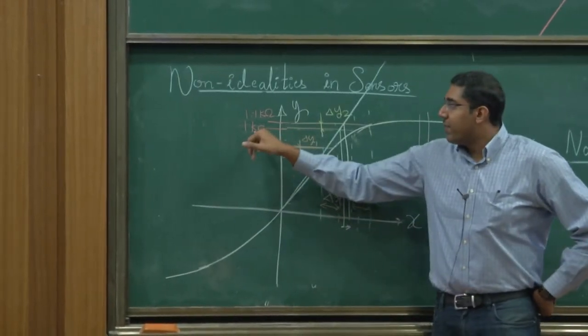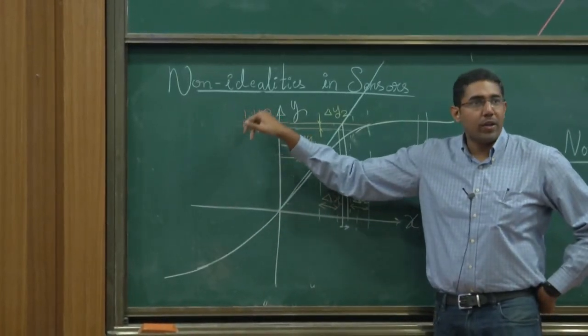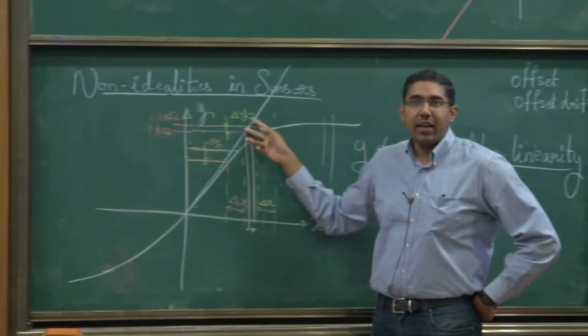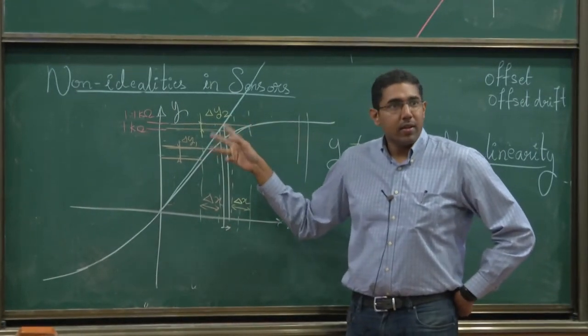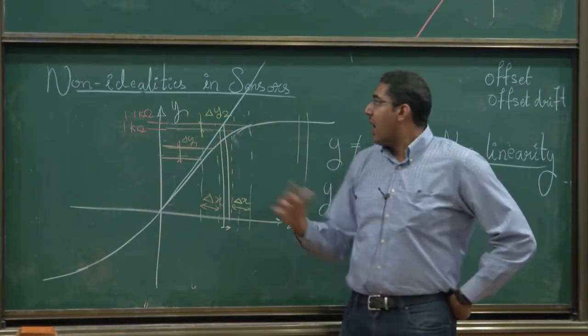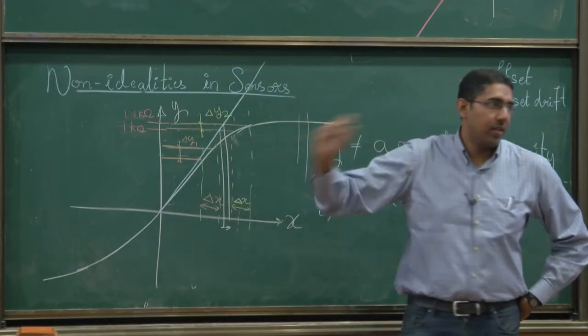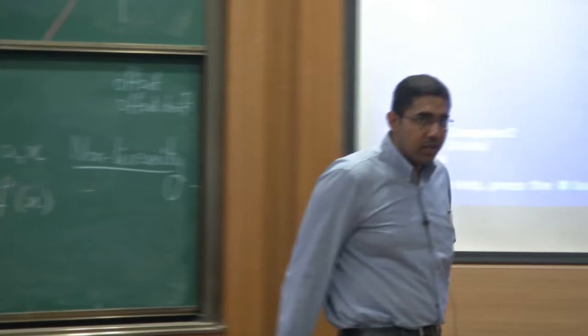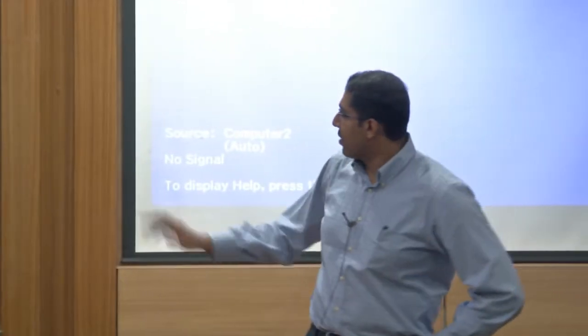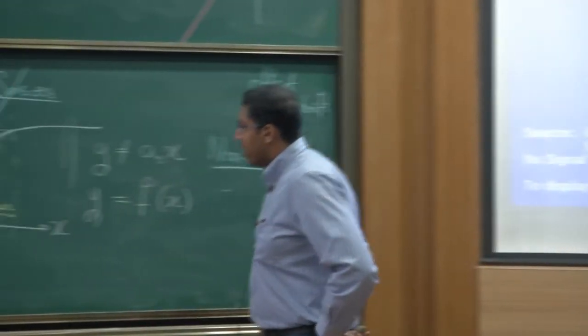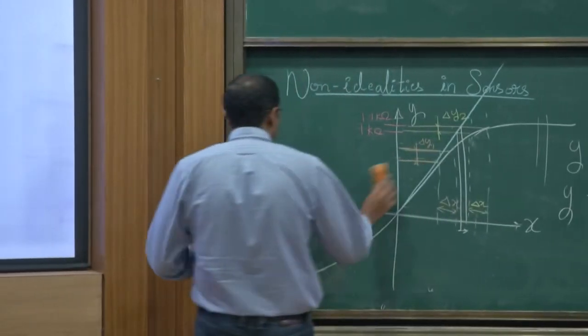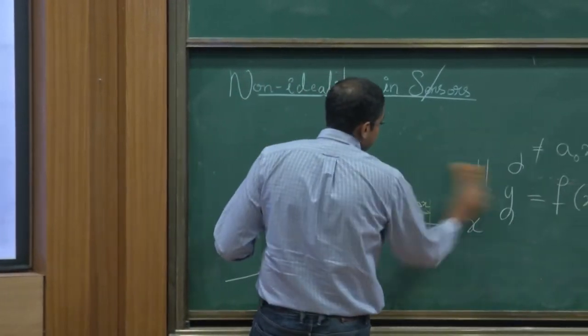Calibration is one way. Basically, you store this. You say that if it changes from 1 to 1.1, it is not a straight line. I know this a priori from previous measurements, and I will interpret it with this curve and not a straight line. So calibration is one straightforward way to address this. So, non-linearity.